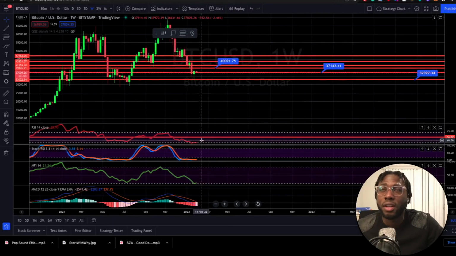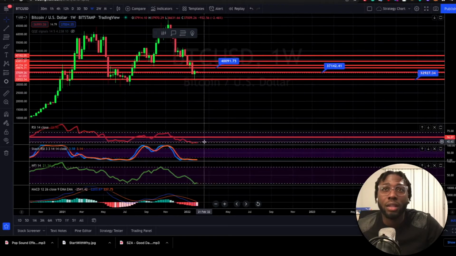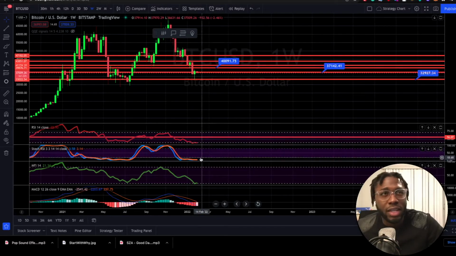Right now we're in a good buying area from the weekly. The reason I say it's a good buying area is that the RSI is below 40, following my particular strategy. The stochastic doesn't really indicate that we are going to trend up because we don't see the blue over the orange.